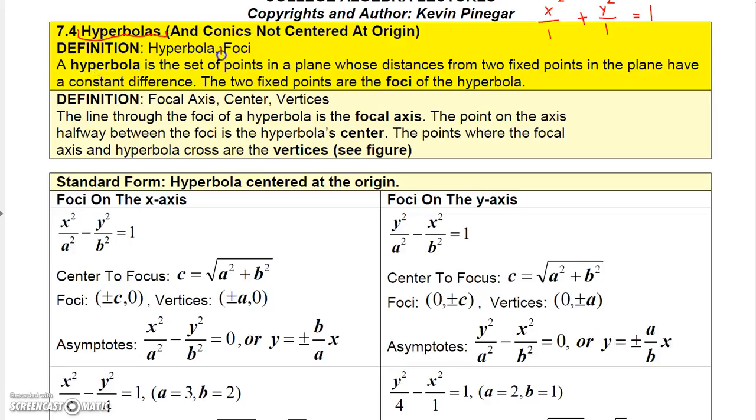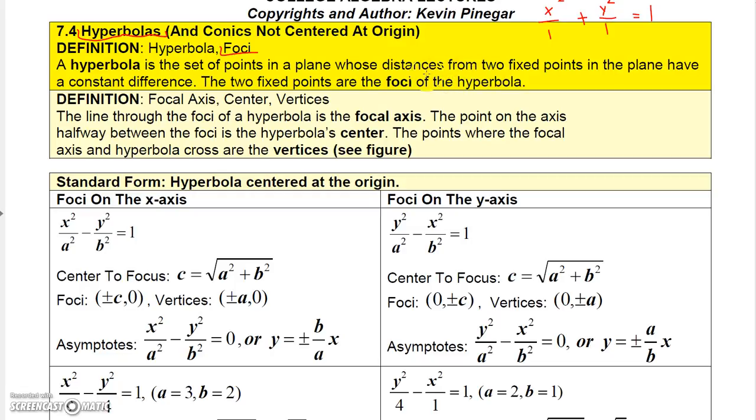Hyperbolas have foci as well, but the difference between the ellipse and the hyperbola is this: the ellipse, remember, had those 2 points called the foci. The distances from those foci to a point on the ellipse, their sum was always a fixed value.